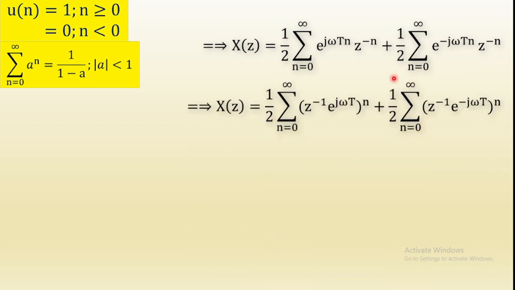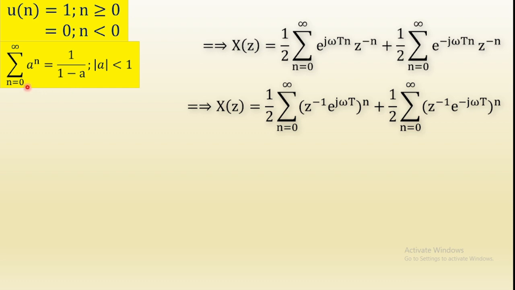The RHS term e power j omega Tn into z power minus n is written as (z power minus 1 into e power j omega T) whole to the power of n. Similarly, the second term z power minus n into e power minus j omega Tn is written as (z power minus 1 into e power minus j omega T) whole to the power of n.